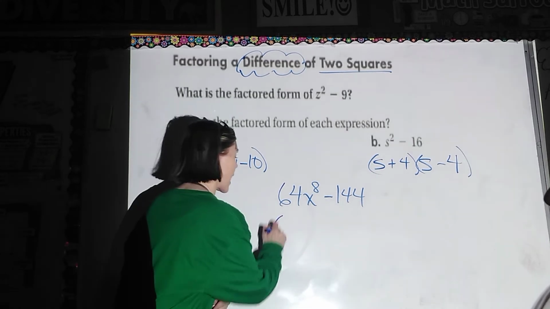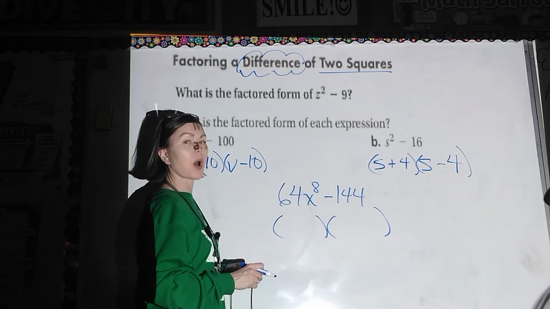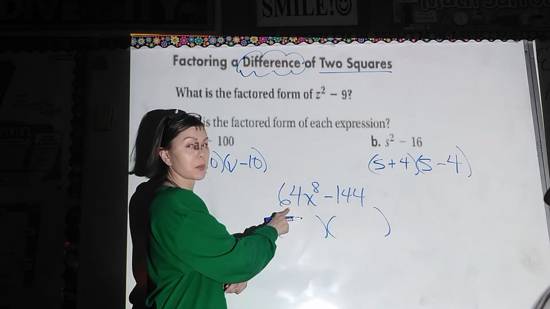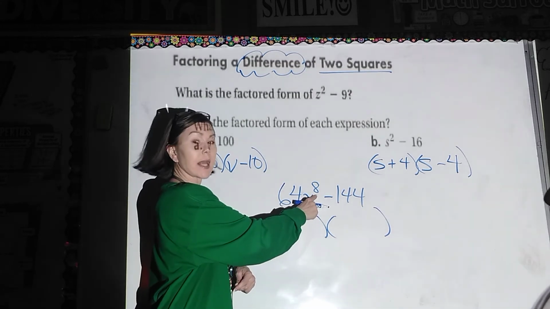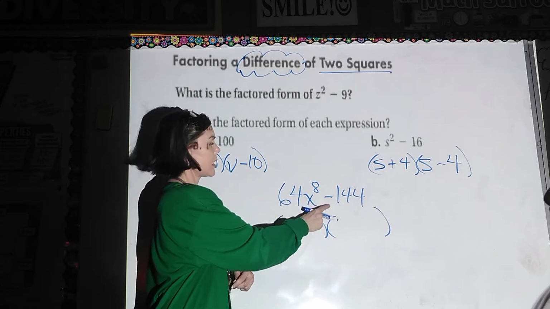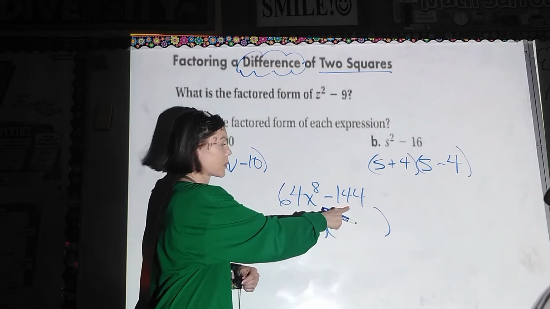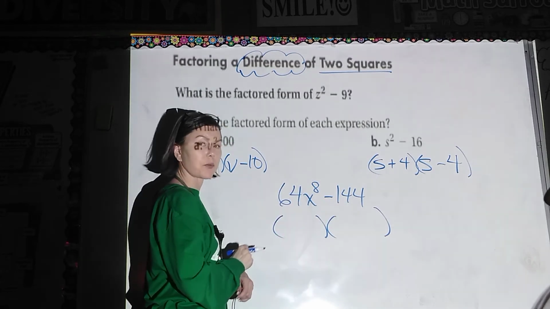Luckily for us, they both fit the bill, they both qualify, because 64 is a perfect square. X to the 8th power is a perfect square because it is an even exponent. Difference means subtraction. And 144 is a perfect square because 12 times 12 is 144.